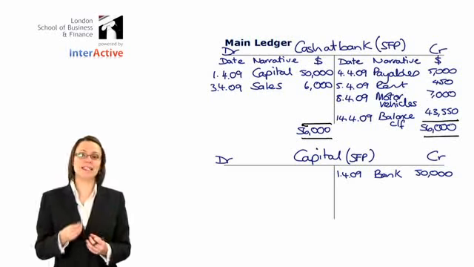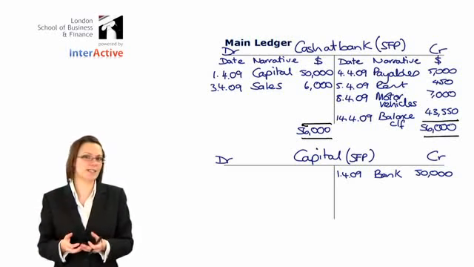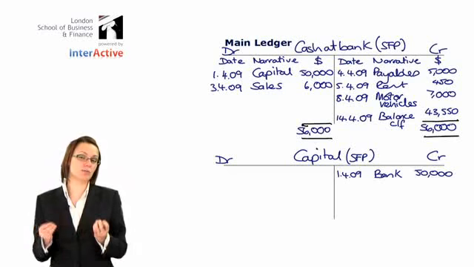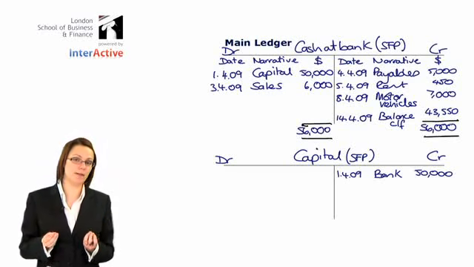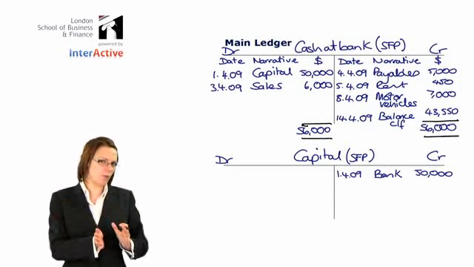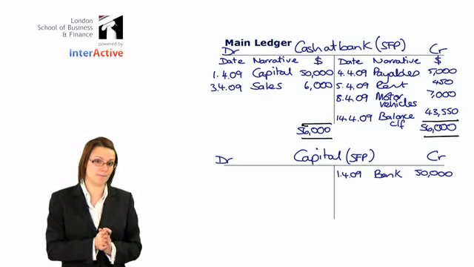Now, what we're going to have then is an opening balance, which, as you can recognise, would be the opposite to the closing balance. Now, with an opening balance, we're going to call this balance brought forward. Okay? And the balance brought forward, or opening balance, will be on the opposite side to where the closing balance was popped in.